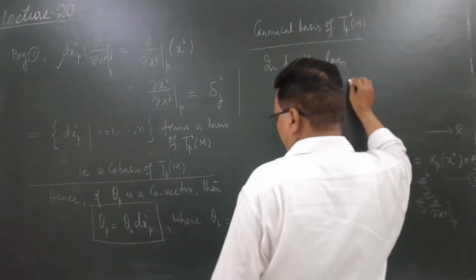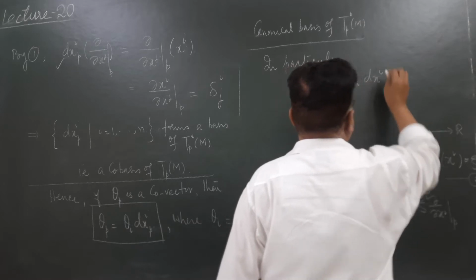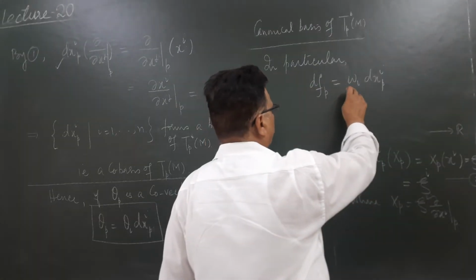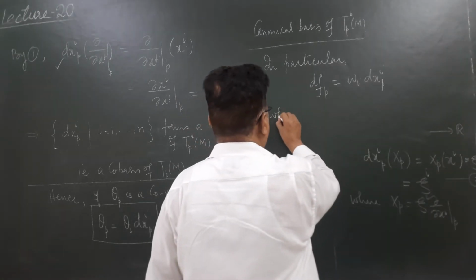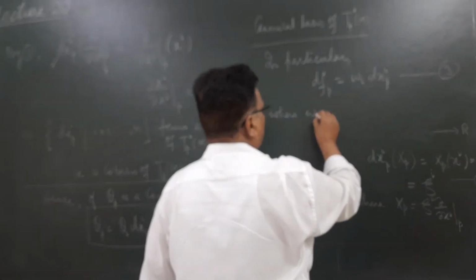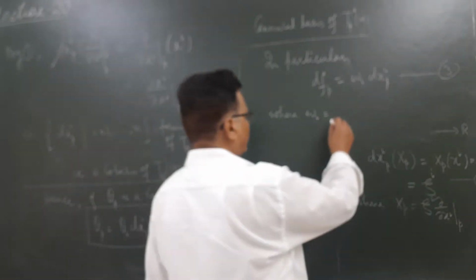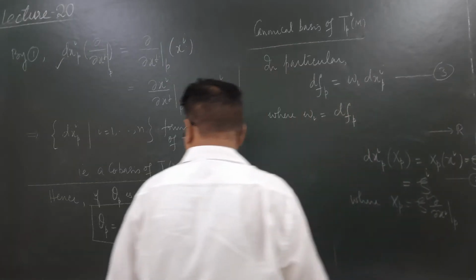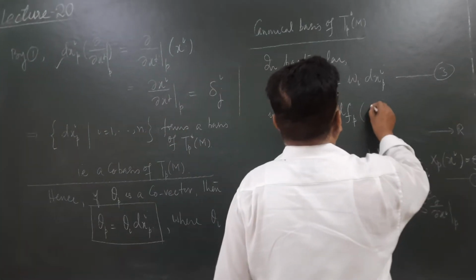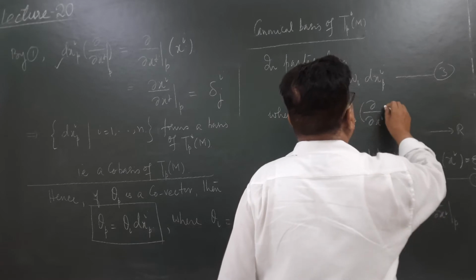It will be some coefficient over here, let me call it omega i, into dxi at p. Is it right? Okay, this omega i is also at p. So, where omega i, let me call this number 3, where omega i is equal to what, as just told, dfp operating on the basis del upon del xi at p.